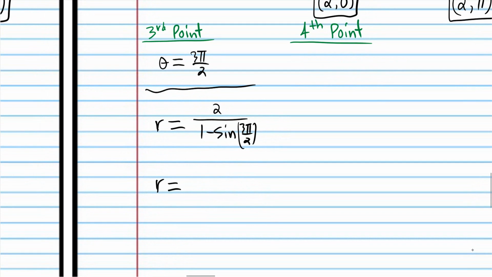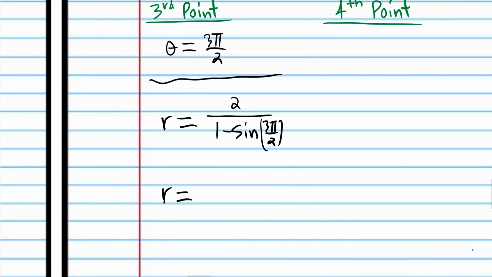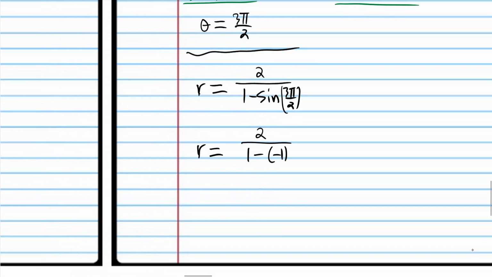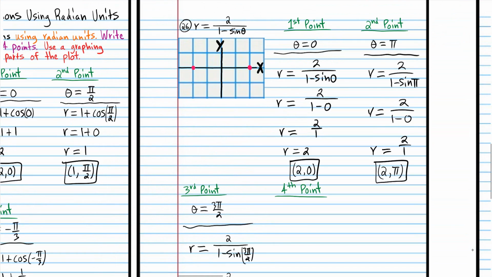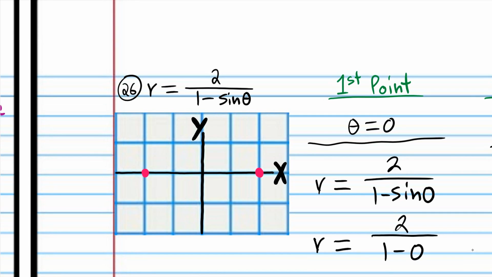The sine graph looks like this, and 3 pi over 2 is here, so negative 1 is the value of sine. So we have 2 over 1 minus negative 1, which is obviously just 1. So the point we're looking for is (1, 3 pi over 2). We're going to count out 1, rotate 3 pi over 2, and we get to there.